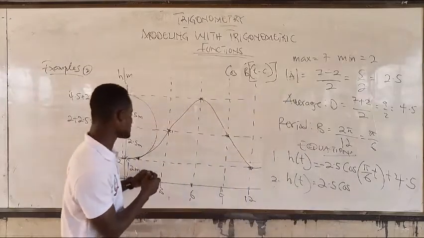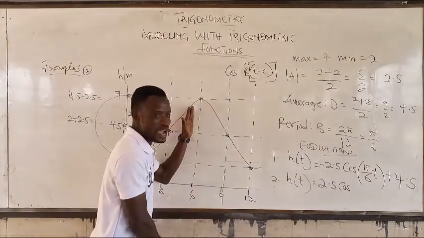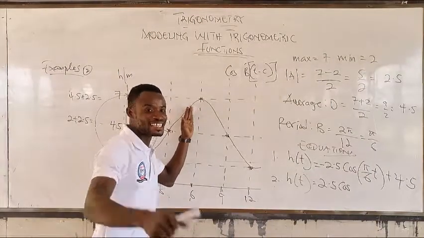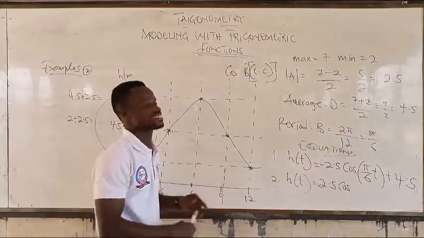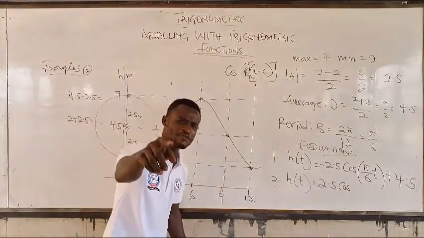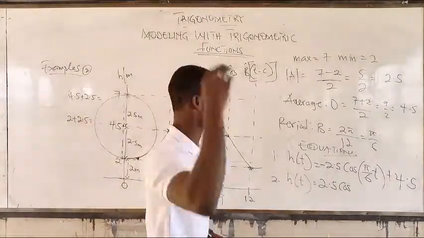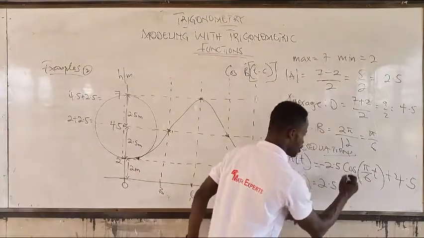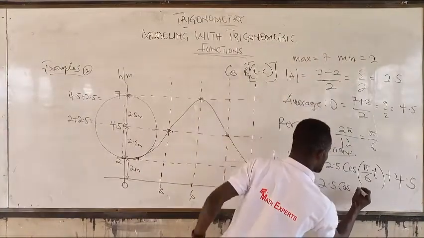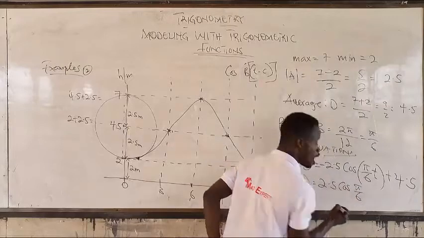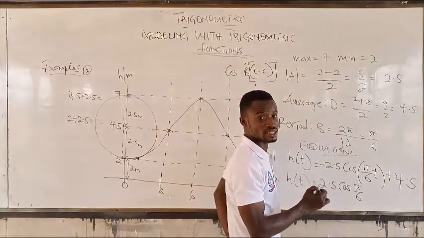Now, since we have shifted it to where t is 6, there is a horizontal shift to the right. If there is a horizontal shift to the right, that means our c here is 6. So we are going to get the b here with a pi over 6. The period is still the same thing.